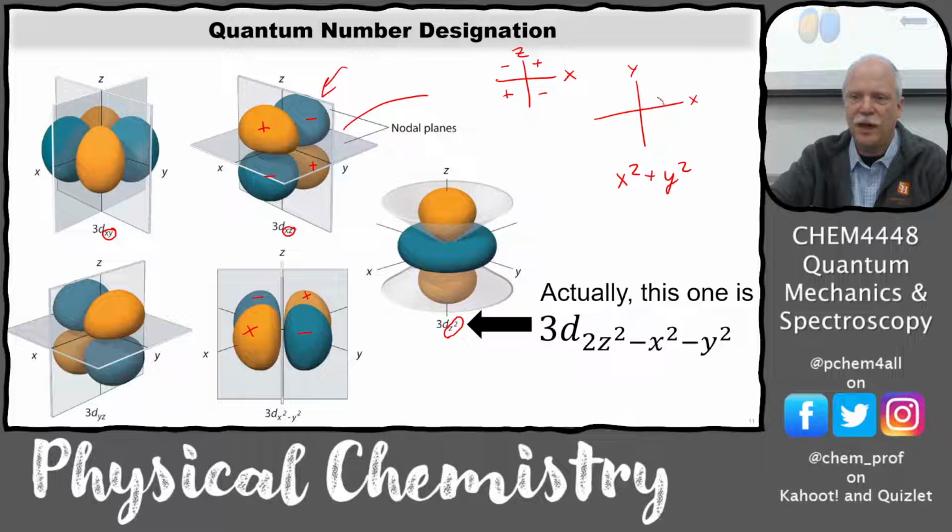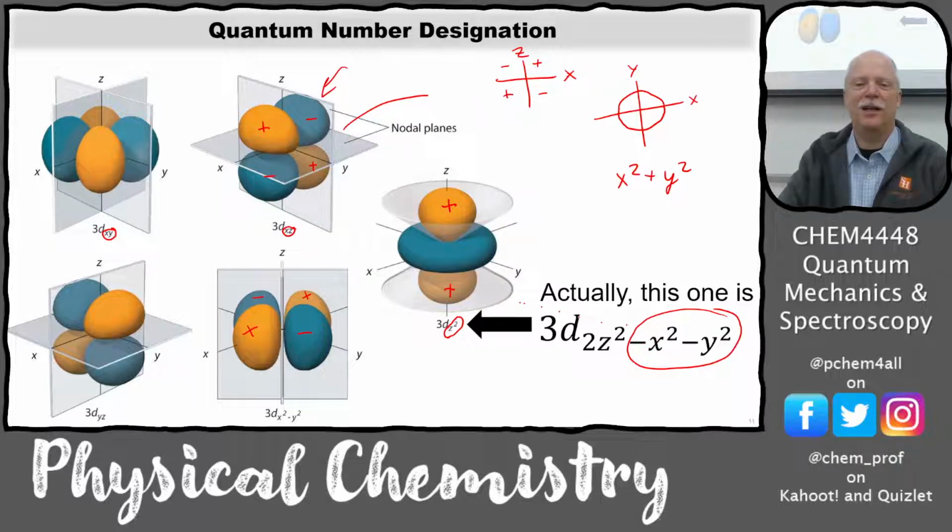So if I plot that, it's going to be the equation for a circle. Make sense? Okay. And in this case, I have the z squared, so these are going to be positive. And then I'm subtracting the xy circle, minus x squared minus y squared. So that whole circle there is negative.